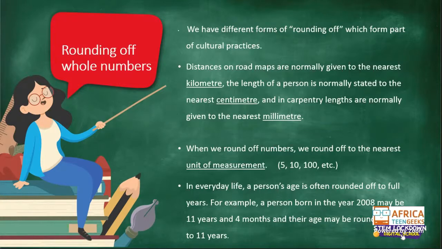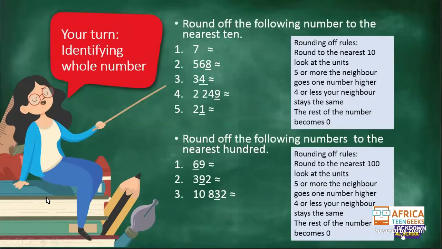But if the person was 11 years, 10 months, their age may be rounded off to 12 years, because they'll be finishing the 12th year in 2 months. All right.